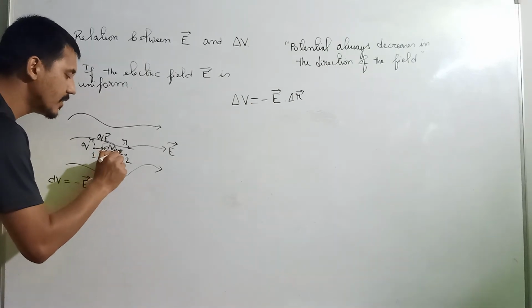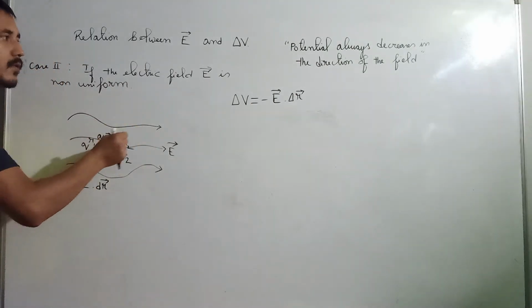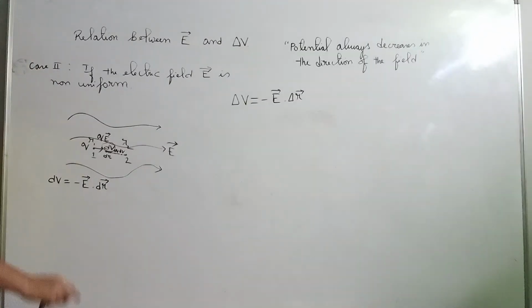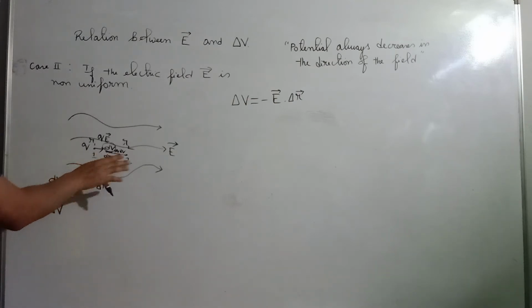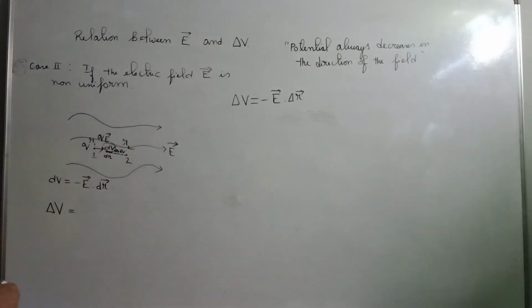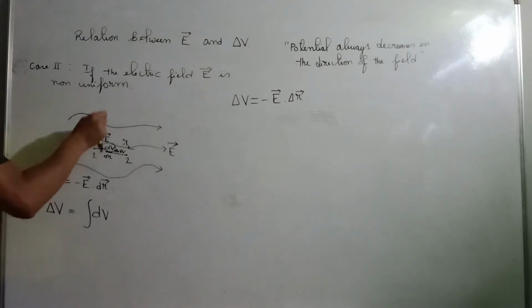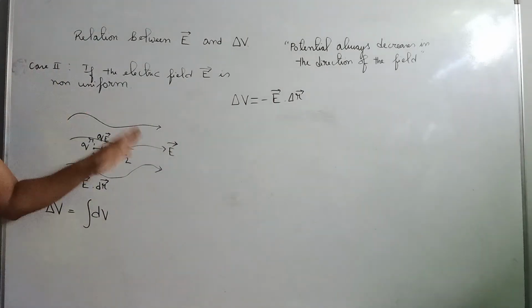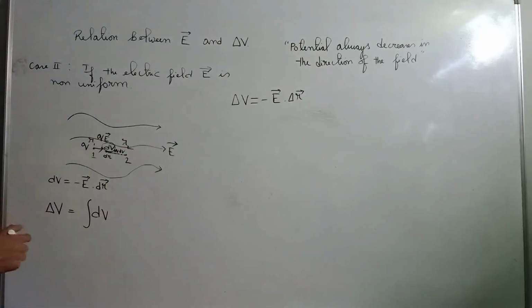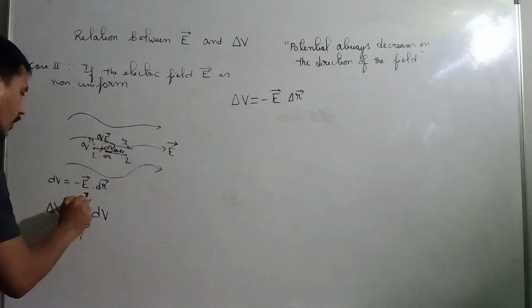And let dV and so on be the potential across all those small displacements dr. Then the total electric potential difference, del V, between the 2 points will be given by integrating this dV, adding up all those dVs over small displacements dr, where the field is uniform, from R1 to R2.